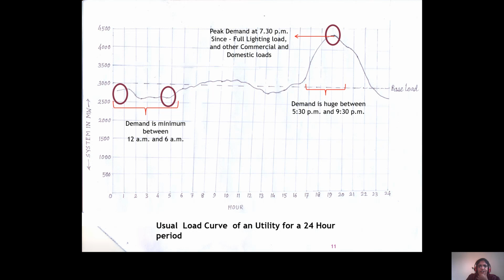When you observe here, the system demand is minimum between 12 am and 6 am.